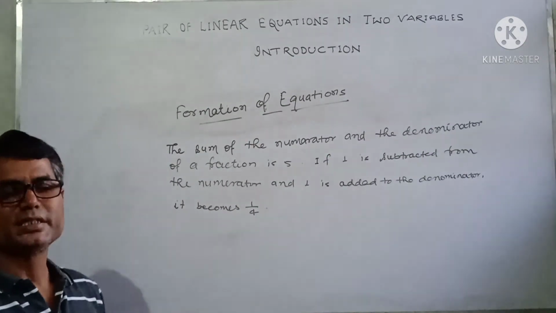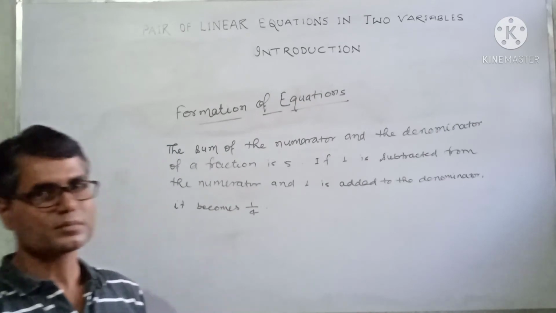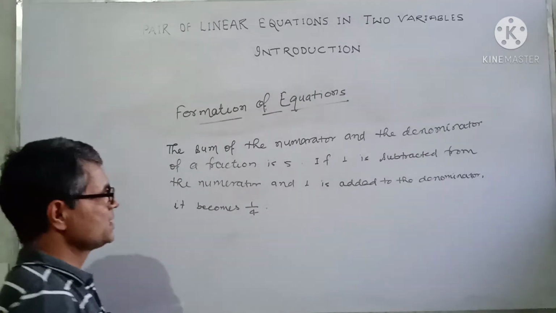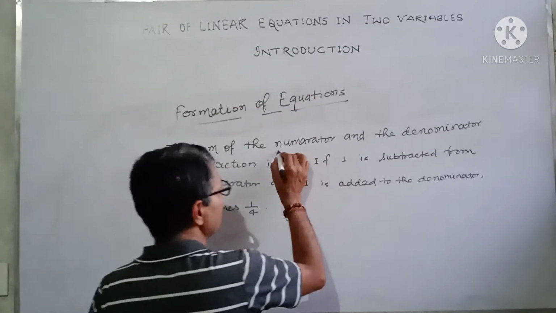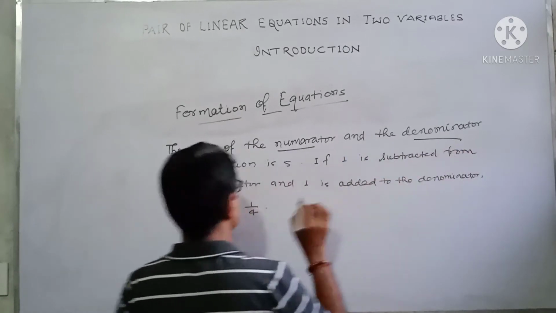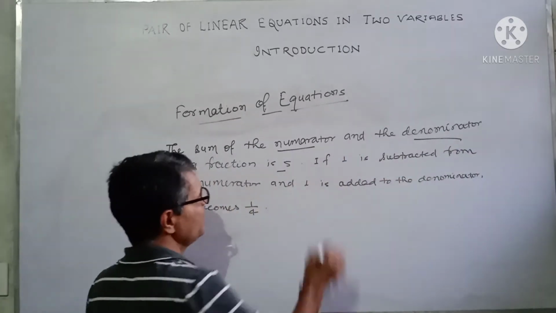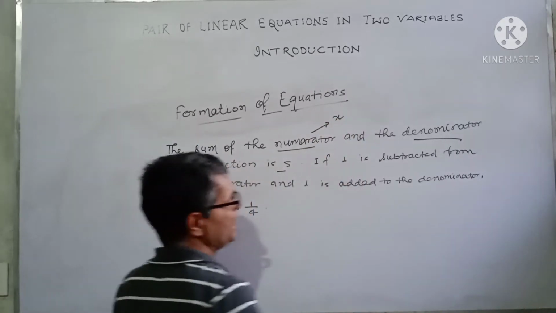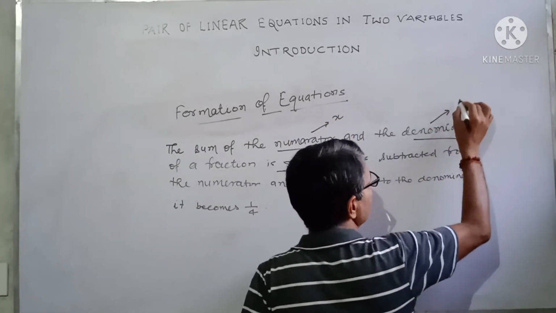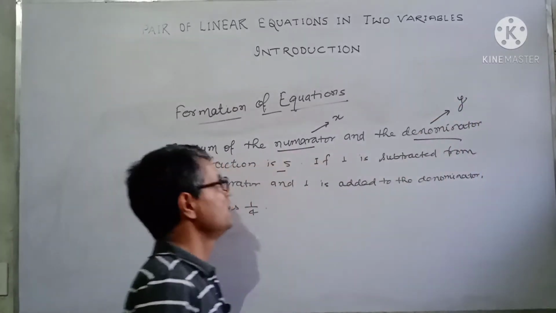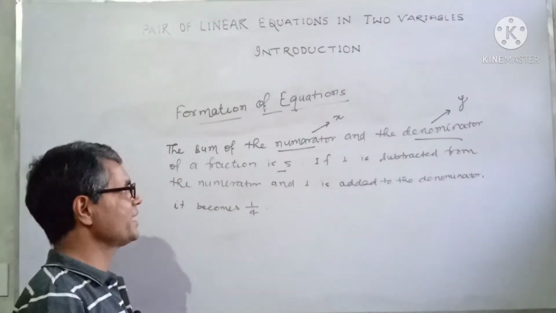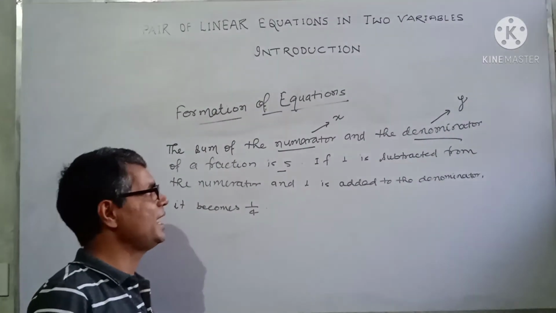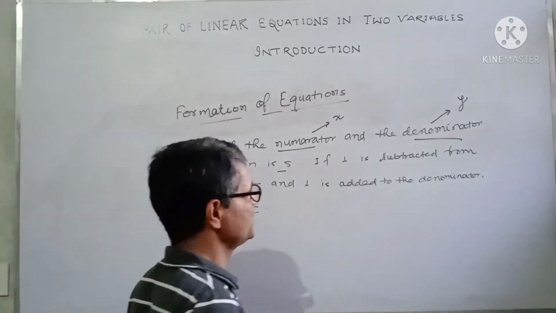This problem is about a fraction. It is given that the sum of the numerator and denominator is 5. Let the numerator of the fraction be x and the denominator be y.